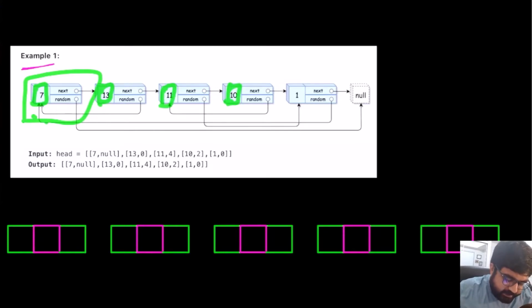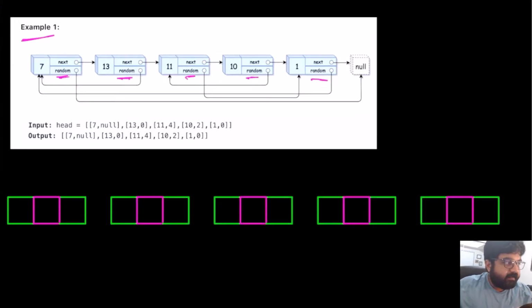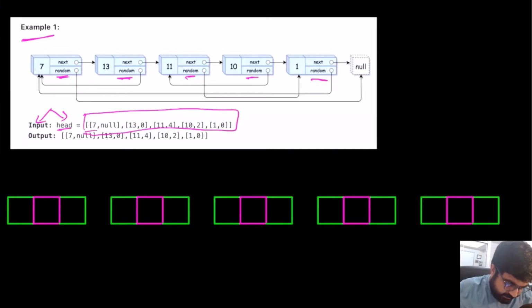But with this value, rather than having just a single pointer that points to the next element, which is defined over here as the next pointer, we are at times also given this random pointer that can point in any direction, and we need to keep track of that and create an exact copy. Inside the input, we are only given the head of the linked list, and this is the original linked list structure behind the scenes.